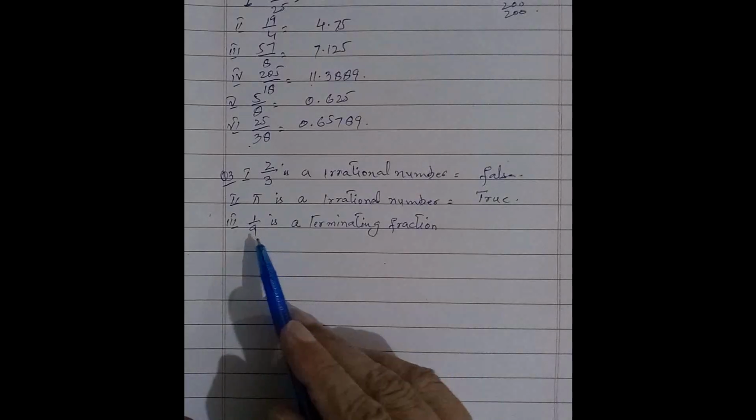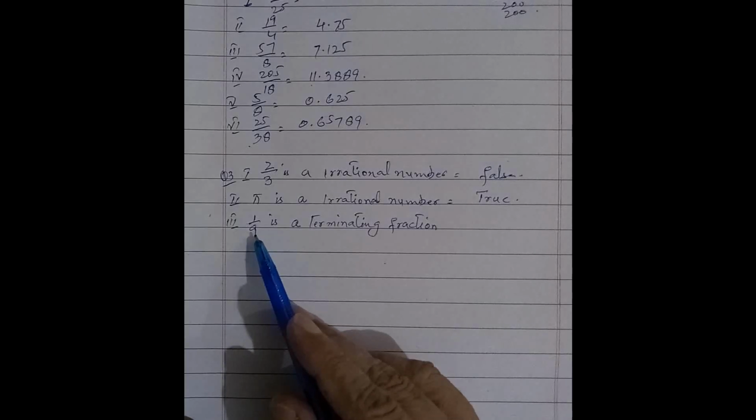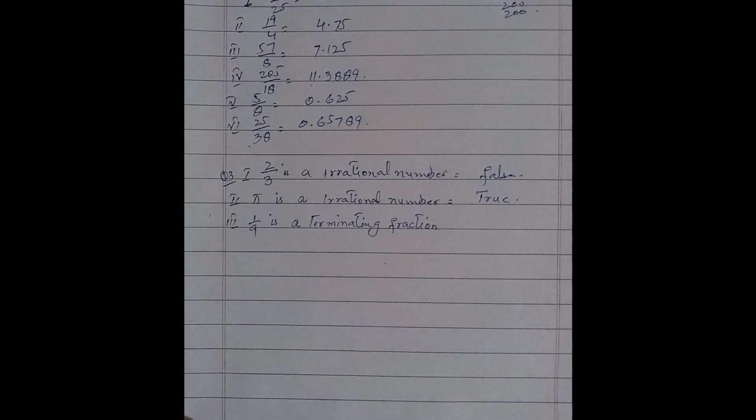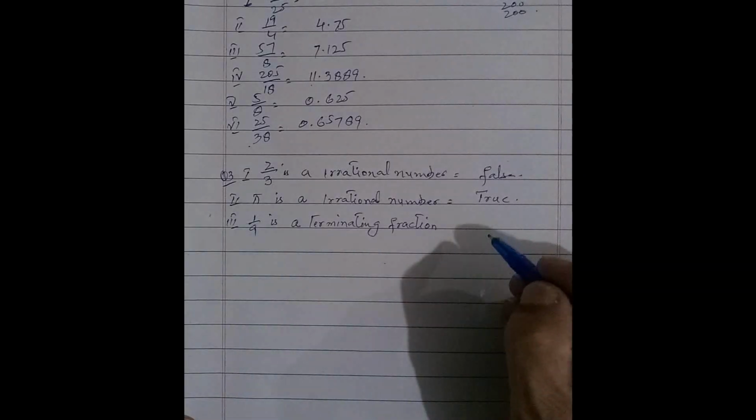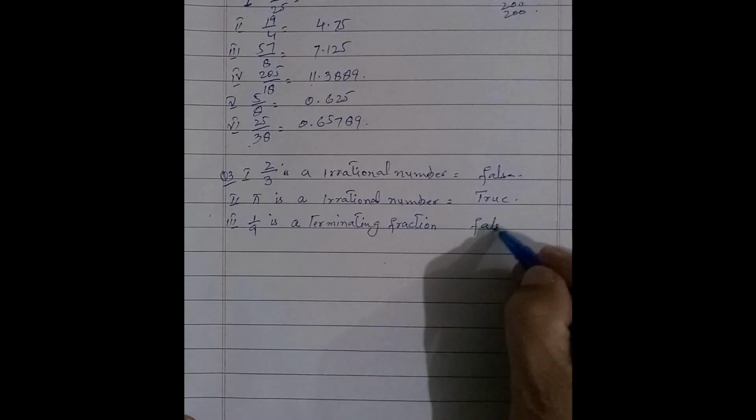And 1 over 9, 9 is the denominator, and 3 multiplied by 3 is 9, in which one factor of 9 is 3. So when a factor is prime, the fraction is non-terminating. So 1 over 9 is not a terminating fraction and it is false.